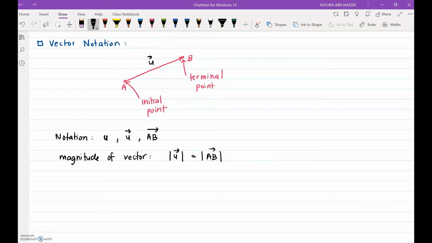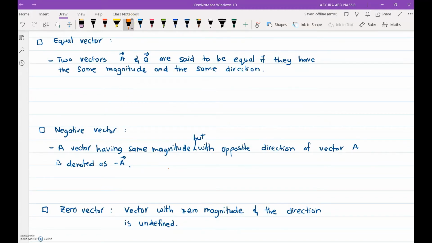Next, let's see what an equal vector is. Two vectors A and B are said to be equal if they have the same magnitude and same direction. For example, we have a vector A here and a vector B here.